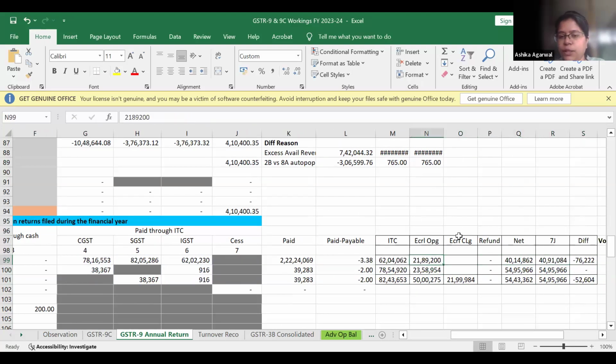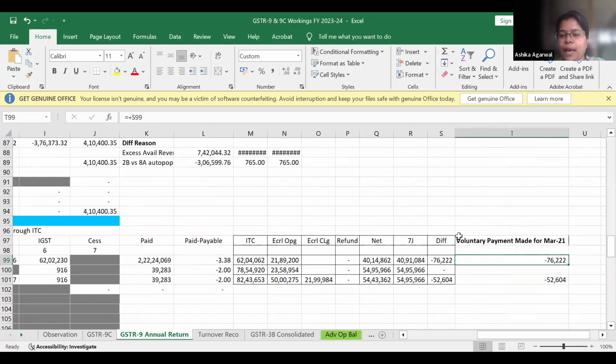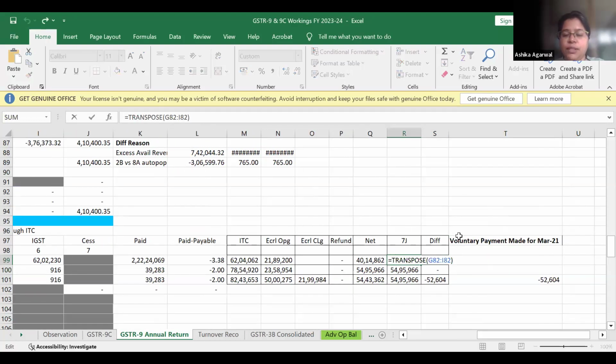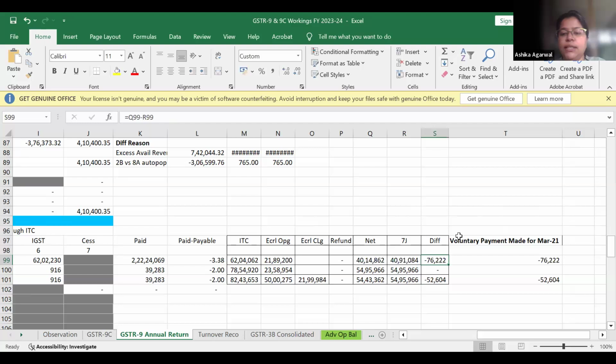Now I have an opening balance. I can use my opening balance also to make the payment of tax, and I have a closing balance. So what I'm doing is, based on this, I'm deriving what was the net ITC I availed. And that I'm checking with 7J, meaning the ITC I have shown that I have availed through 3B. Based on that, I came to know there is a difference of 76.